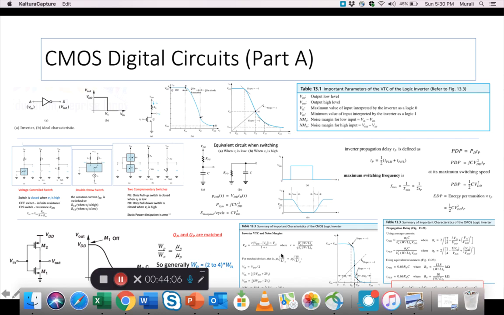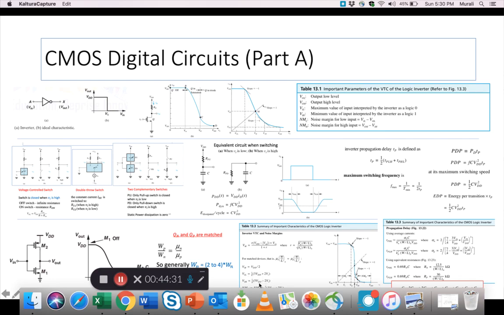So using all that logic and all the physics and all the mathematics, we have these set of formulas. So we get Vm, this center voltage, which is the dividing point between when a transistor goes from on to off or off to on. That Vm is exactly VDD by 2. That's an important relationship.